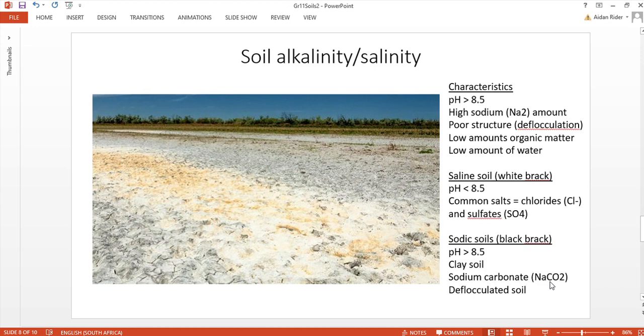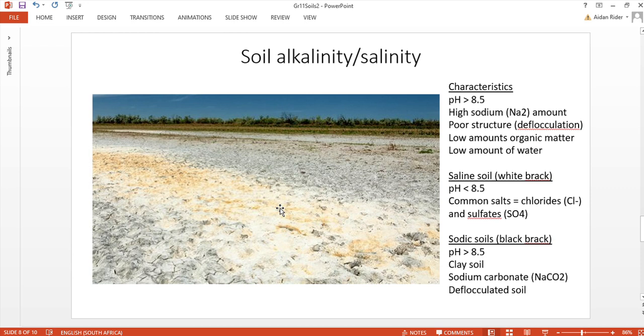Okay, so looking at soil alkalinity or salinity, this is more to the basic side. What is alkaline soil? Again, there are a lot of sodium ions in the soil, sodium also called salt. When these sodium ions react with water, sodium carbonate is formed and CO2 is released into the air.